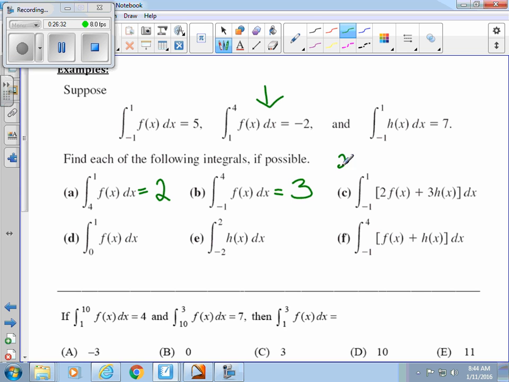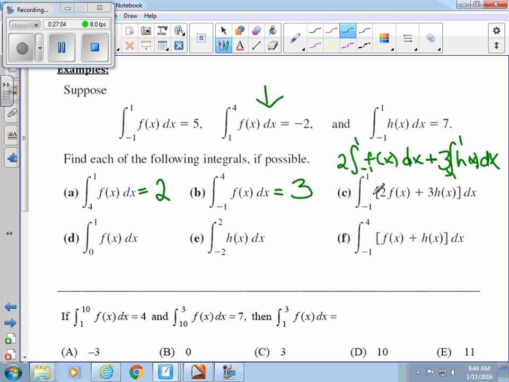Not only can I split the pieces up, but I can also take out the constants. True?